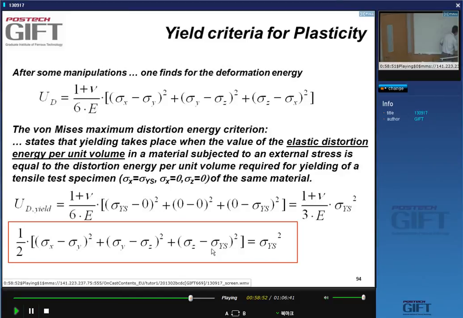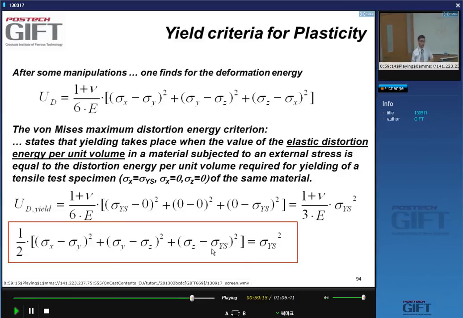That is a very important yield surface, yield line if you want, because it corresponds to situations that we often encounter in practice with steels.